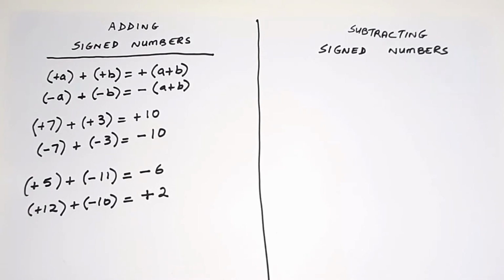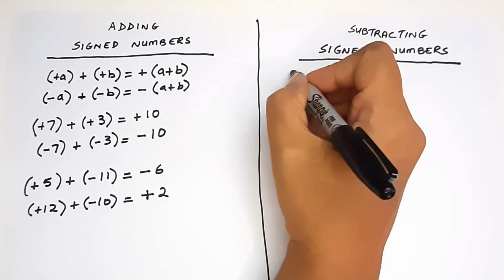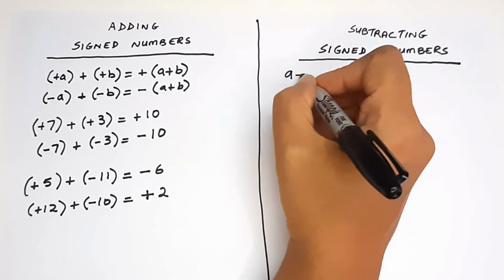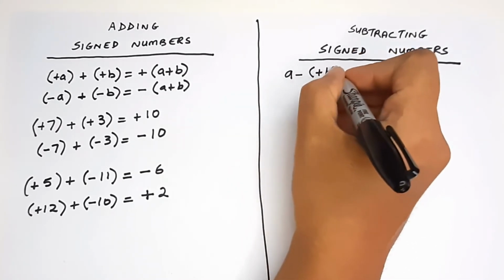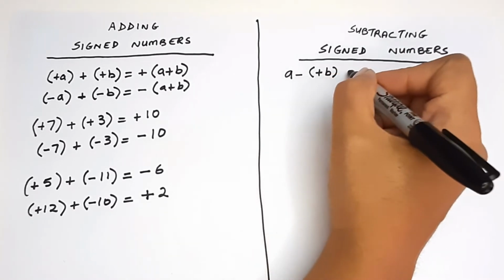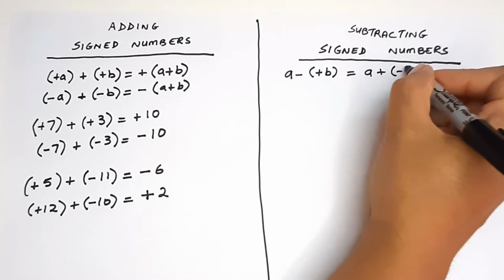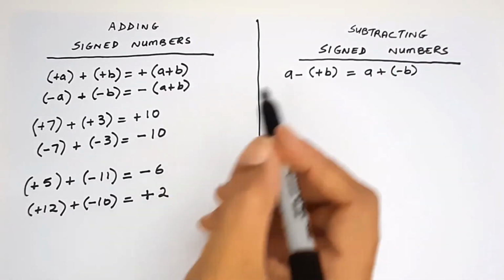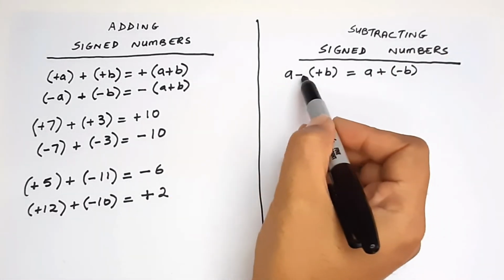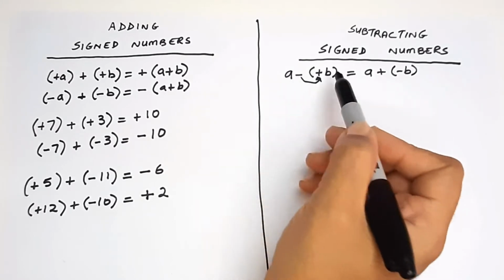Now let's move on to subtracting signed numbers. This is the rule. A minus positive B is actually equal to A plus negative B. We don't do much subtraction, we just switch the two signs.